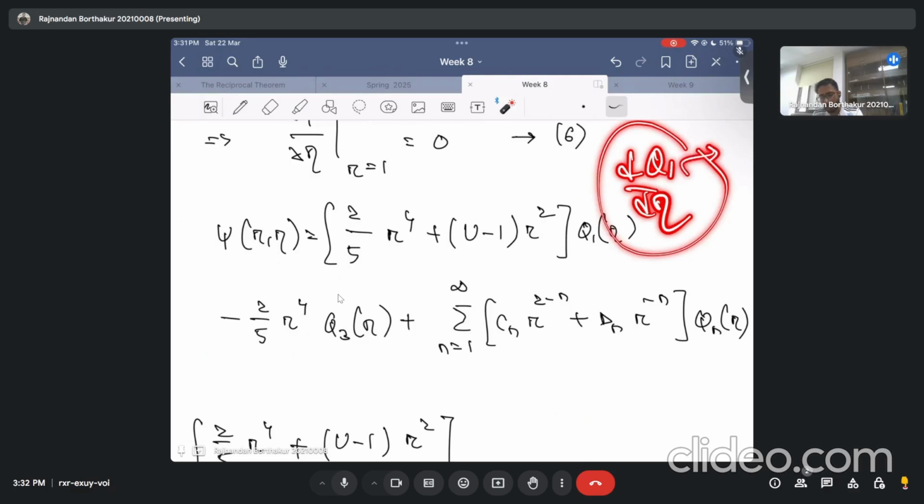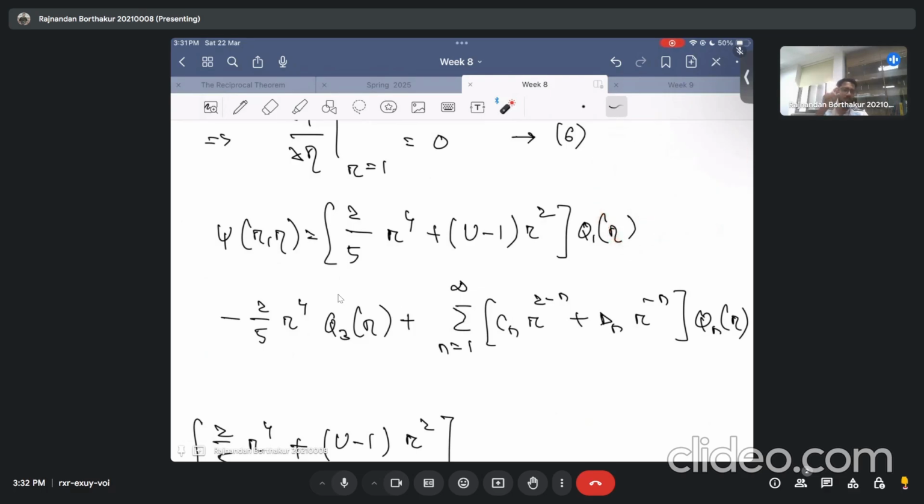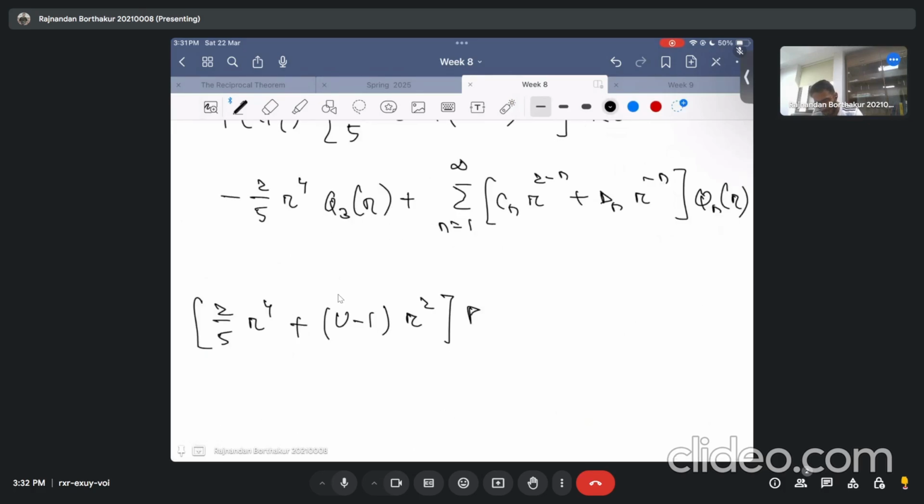But we know that dq1 by d eta is p1 of eta, because remember, the integration of Legendre is Gegenbauer and the differentiation of Gegenbauer is just Legendre.